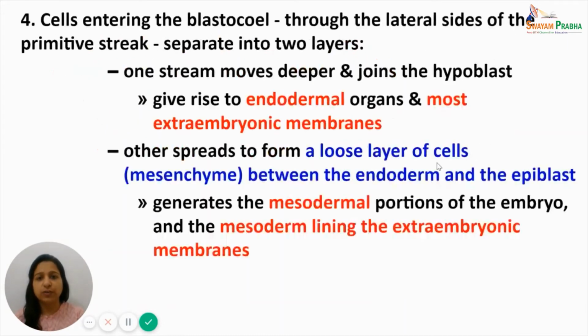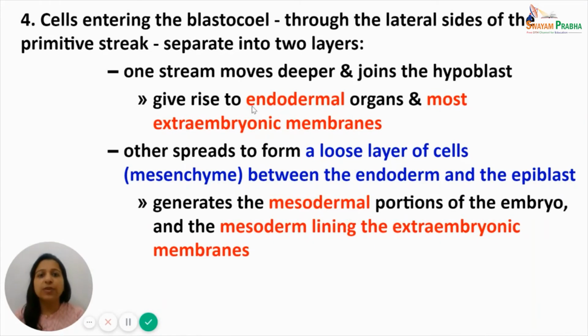of gastrulation. The next cells to reach the blastocoel are the ones which enter through the lateral sides of the primitive streak. Now once inside the blastocoel, these cells spread into two layers. One of the streams or layers moves deeper and joins the hypoblast.